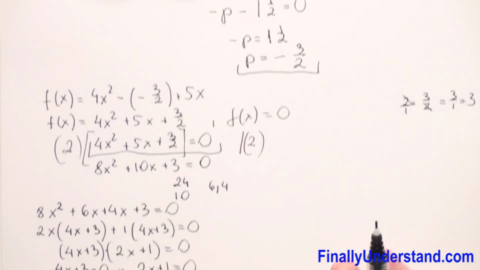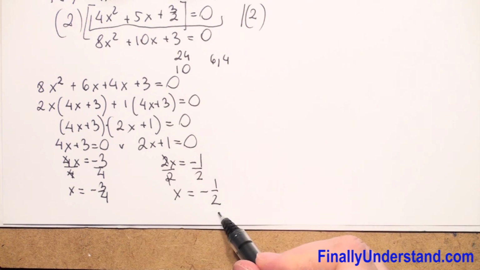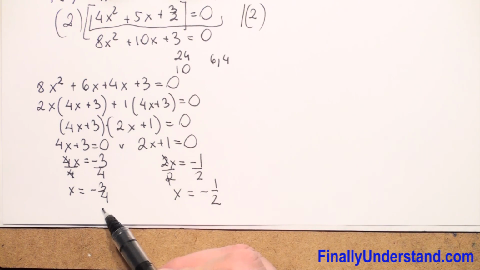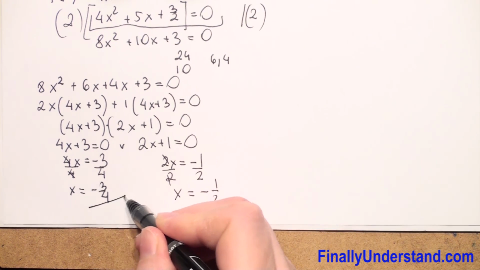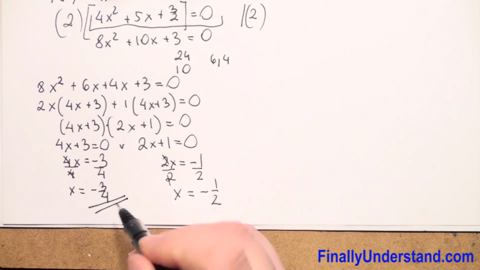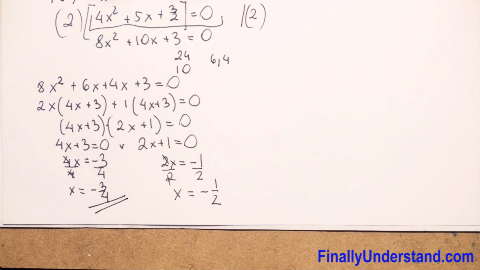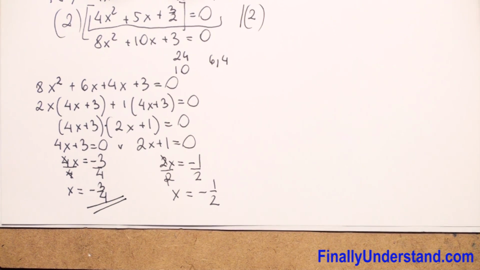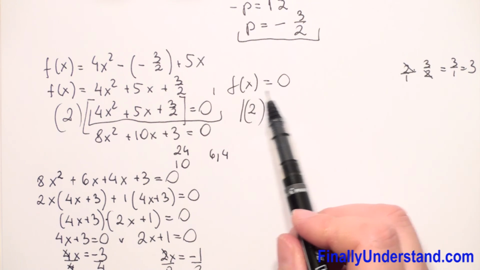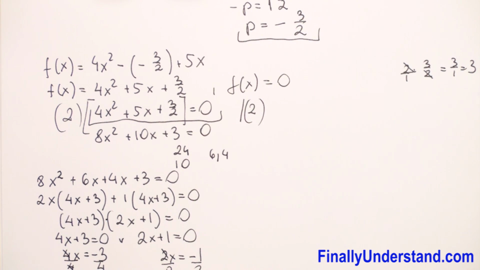This is the one solution we had at the beginning. And the second is negative 3 over 4. So we found another value of x for which our function f(x) is equal to 0. This is my solution.